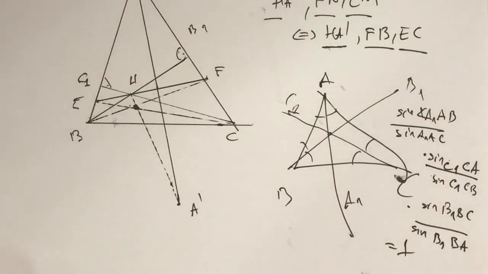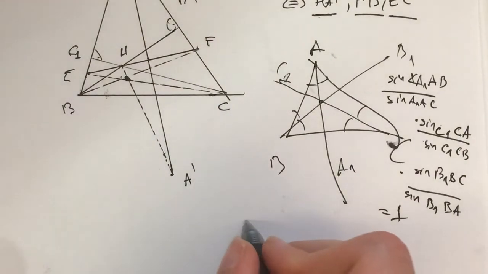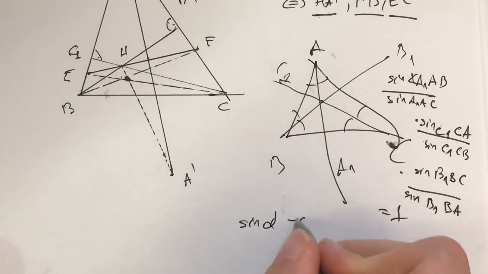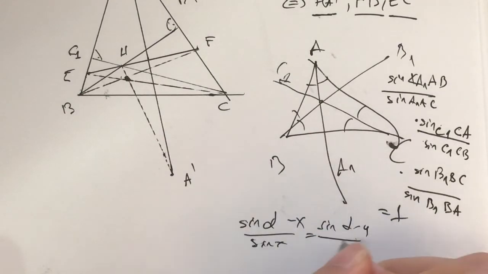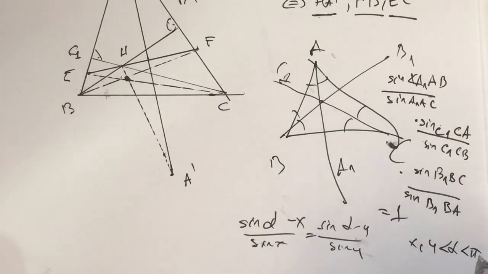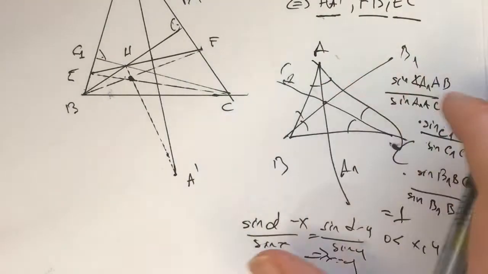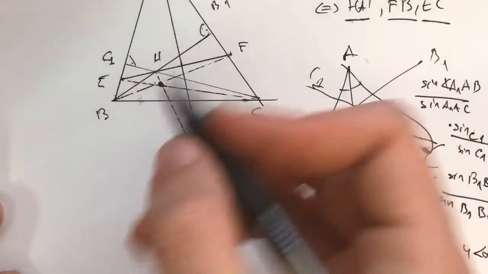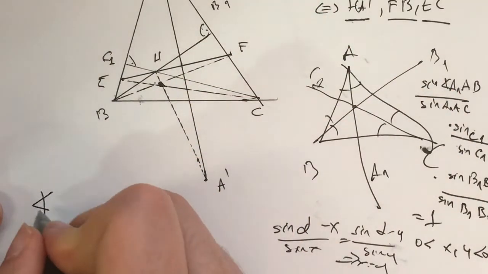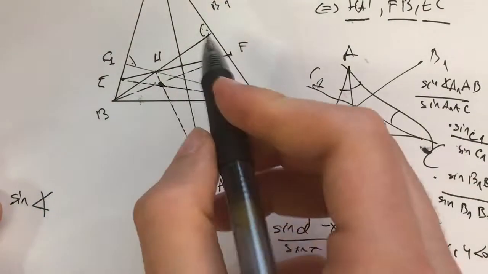And the way you prove this is via a lemma that if sine of alpha minus x over sine of x is equal to sine of alpha minus y over sine of y, where x and y are less than alpha and alpha is less than pi, and this is greater than 0, then this implies that x equals y. So this is how you prove this trigonometric Ceva. And now we can use that here. The thing we need to prove really is that we have some of these sines.